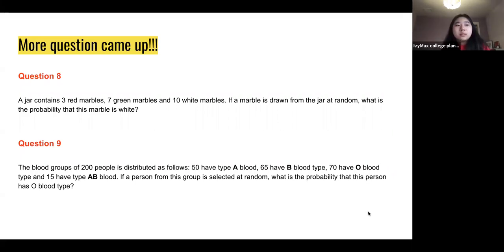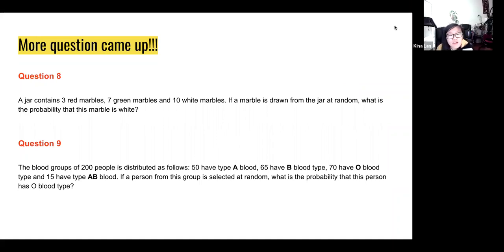Question 8 is a marble question. Maybe we can do it together. Kina, do you want to go with us? Okay, a jar contains 3 red marbles, 7 green marbles, and 10 white marbles.